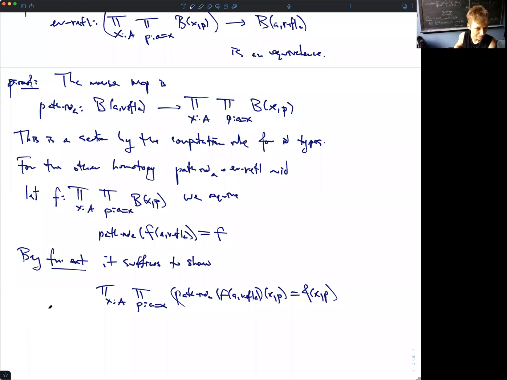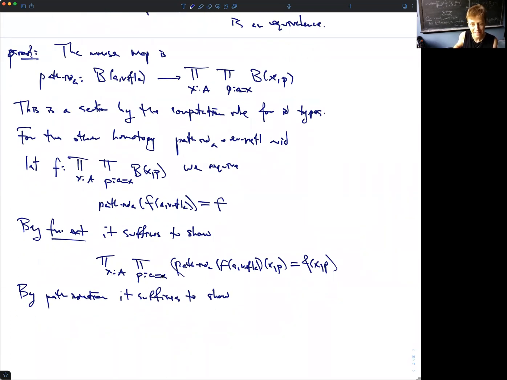Sorry, I don't get to use the computation rule. I use the induction principle first. So by path induction, my goal right now is to inhabit a dependent function type mapping out of an arbitrary X and an arbitrary P. That seems hard, but by path induction, it suffices to show. I can reduce this to the case where my P is reflexivity at a and X is equal to a.